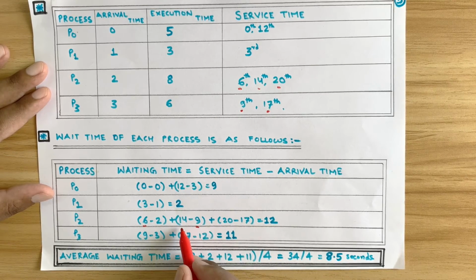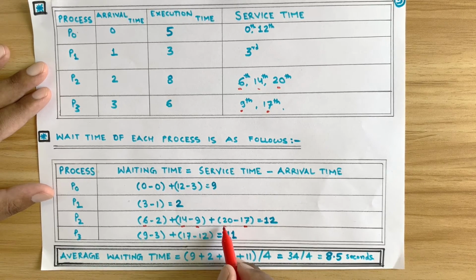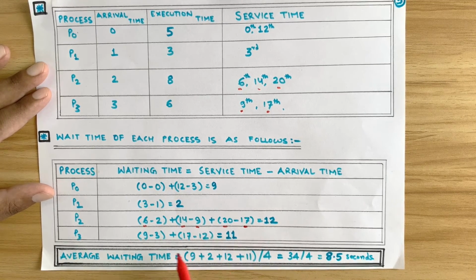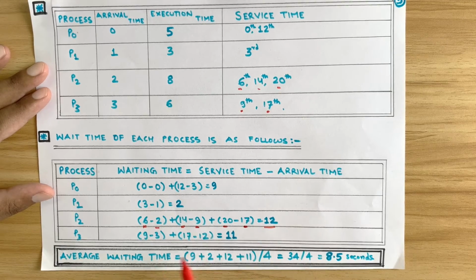And it executed from 14th to 17th, hence it returned to job queue at 17 second, hence 20 minus 17, right? So 6 minus 2, 14 minus 9 and 20 minus 17, which gives equal to 12.